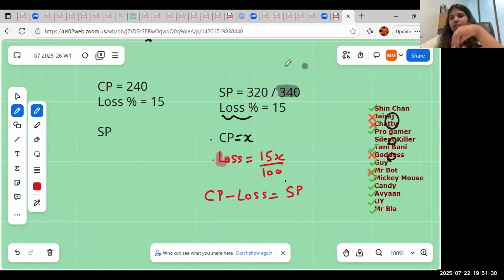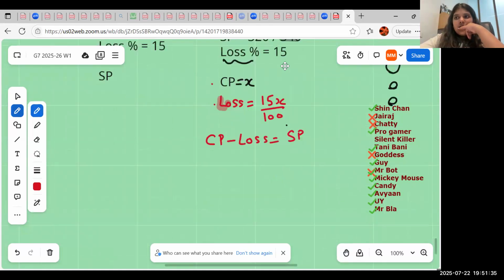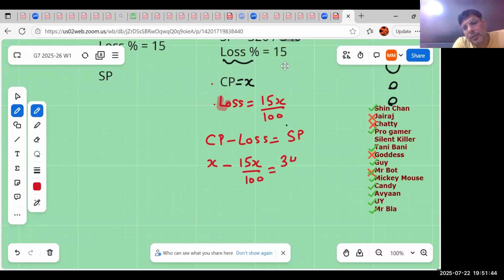यस और नो? Yes. तो व्हाट इज सीपी नाउ? X. व्हाट इज योर लॉस? 15x upon 100. व्हाट इज द एसपी? 340. अब इवेल्युएट करो, x माइनस 15x/100.